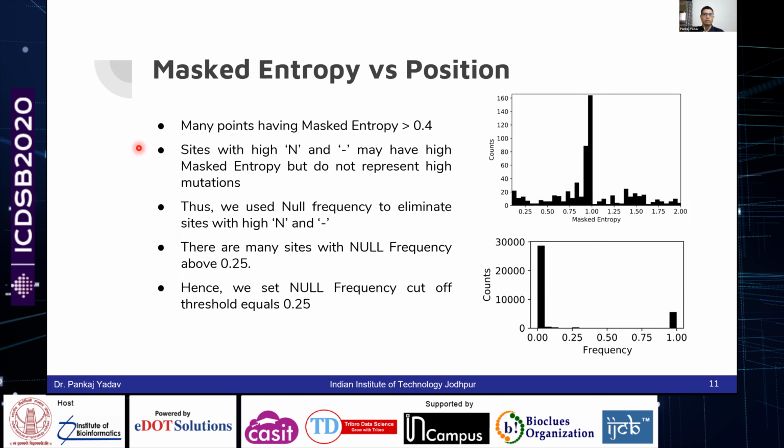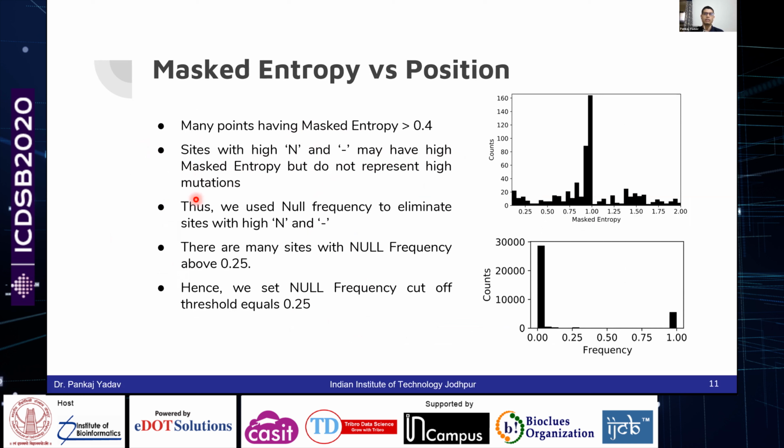Another thing is that many points have masked entropy greater than 1. Sites with high N and dash may also have high masked entropy, but they do not actually represent high mutations.